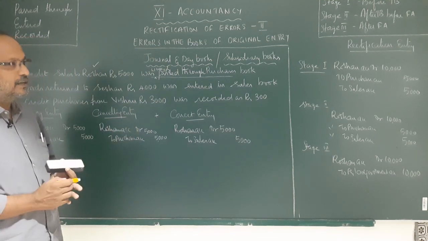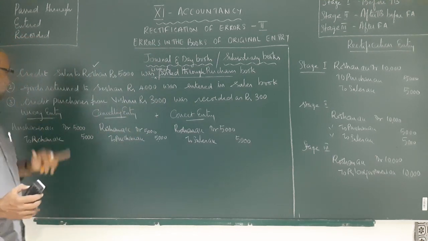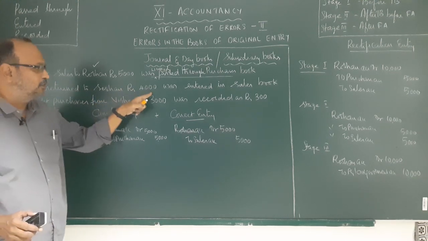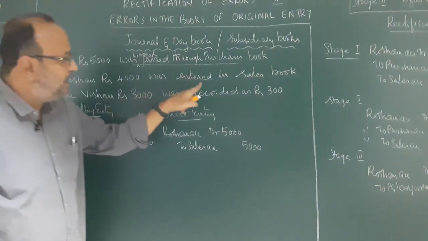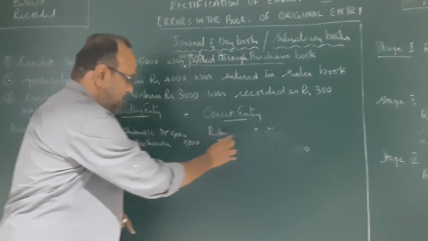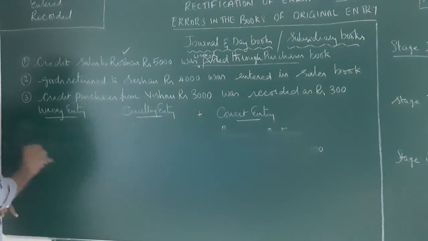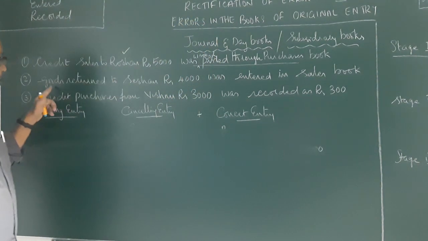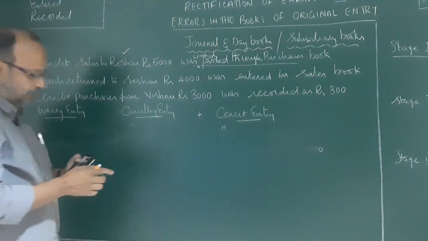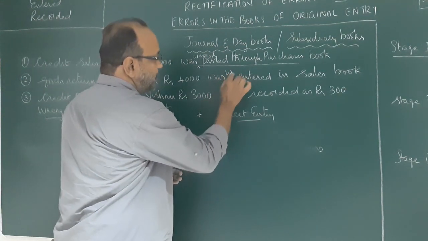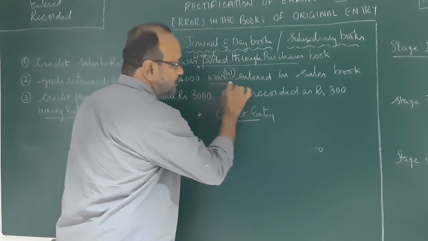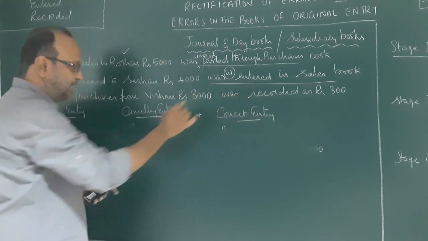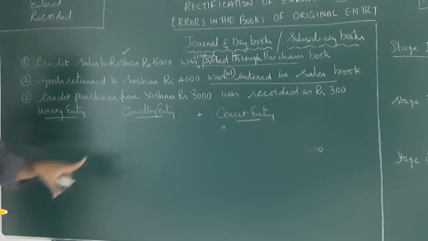Now let's start solving the next one, the second one. What is it? Goods returned to Session rupees 4,000 was wrongly entered in the sales book. Right. Let's find out. So now this error, let us write it in the form of a journal entry.